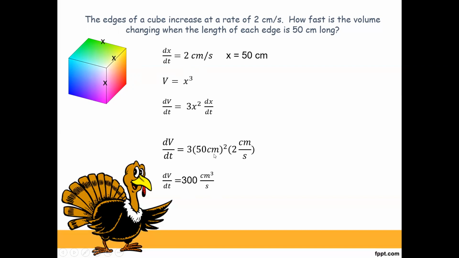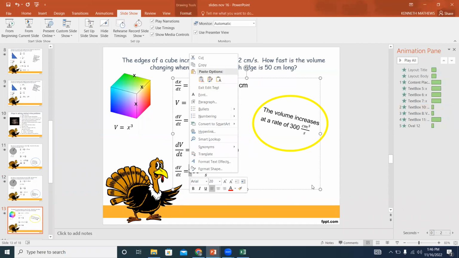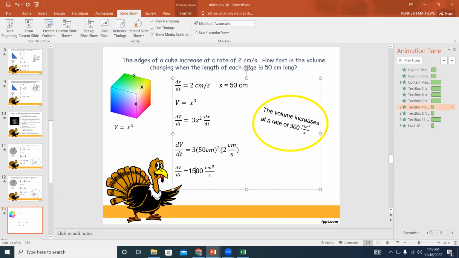All right, 50 squared is 2,500. 2,500 times 2 is 5,000. Times 3 is 15,000. I apologize. So it should be 15,000.